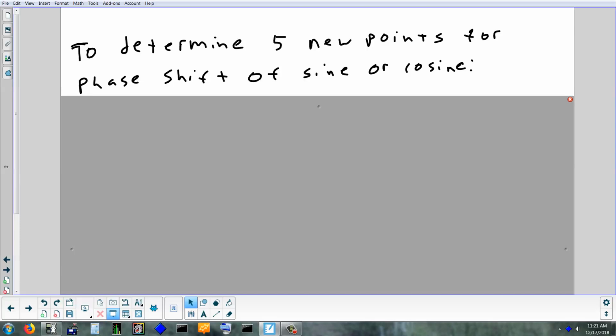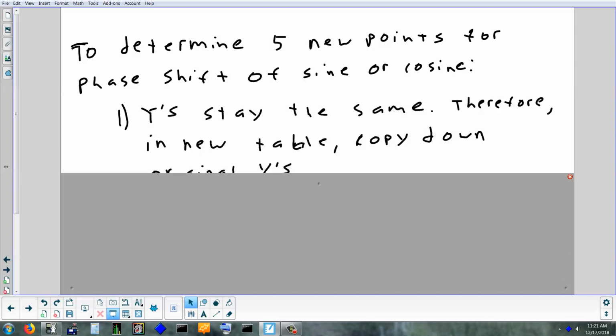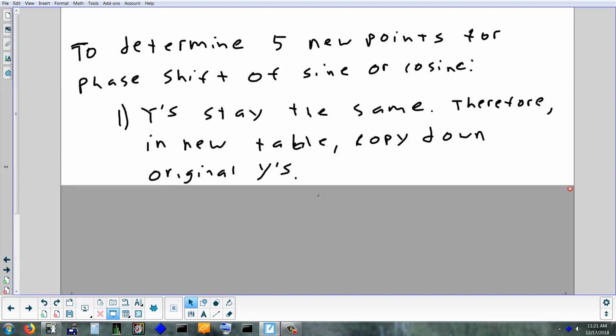X. It affects the x's. So the y's are not changing. The y's stay the same. So when we're creating our new table of 5 points, you go to the original table that I gave you in your notes, and you copy the y values down. They stay exactly the same.